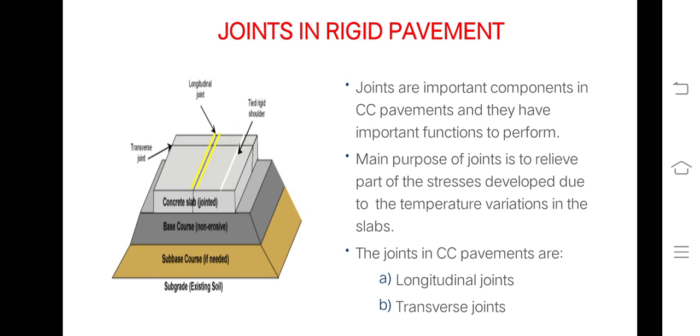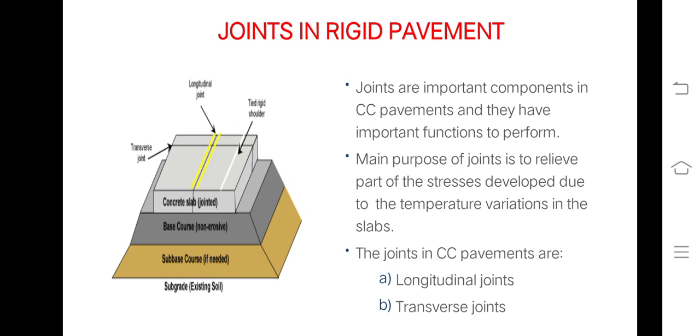As far as possible, the number of joints should be kept to a minimum, since laying of joints interferes with the progress of the concreting, and the riding quality of a road is reduced if the joints are more in number. A good joint should have many characteristics. It should be waterproof and should not allow dirt or stone grit to enter it.